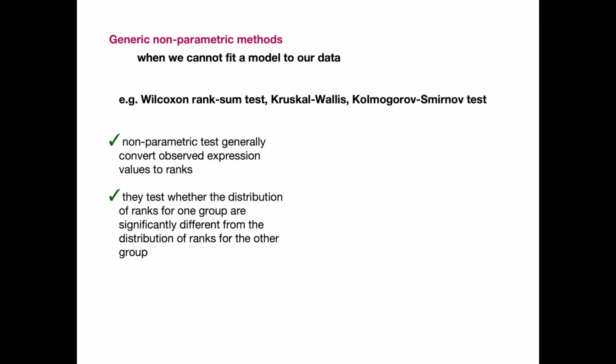Mainly we would just convert the expression values to ranks, ordering the genes by their level of expression, and then test whether between two groups of cells the ranks are clearly different, so that this gene has a higher rank in this group and a lower rank in another group. So it's sort of the relative expression of different genes.